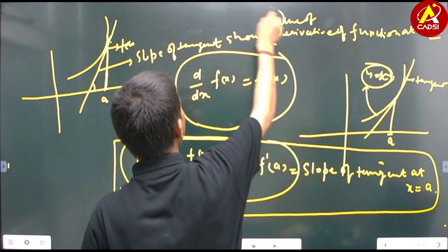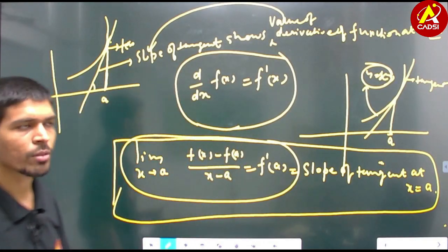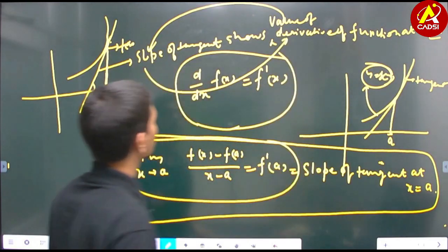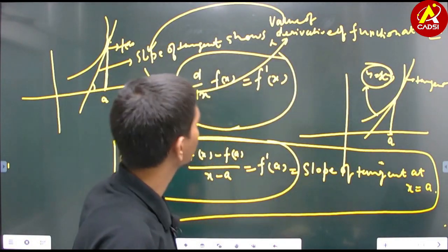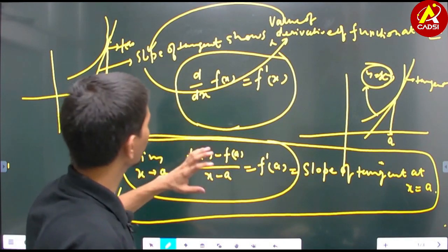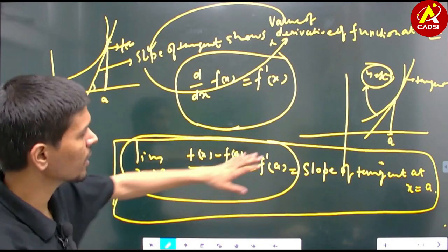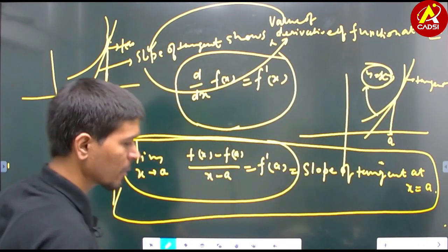This value is the slope. In other words, we can say that the slope is the value of the derivative. Both are the same. This is the interpretation of the derivative of a function at a particular point.